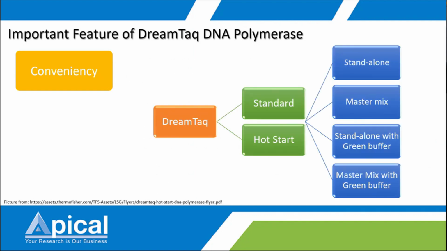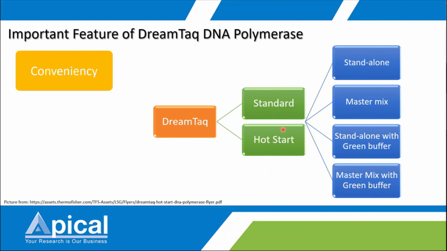All of these are the family members of DreamTaq DNA polymerase, so you can choose based on your preference. Here you can see the basic ones: standard DreamTaq DNA polymerase or hot start DreamTaq polymerase.